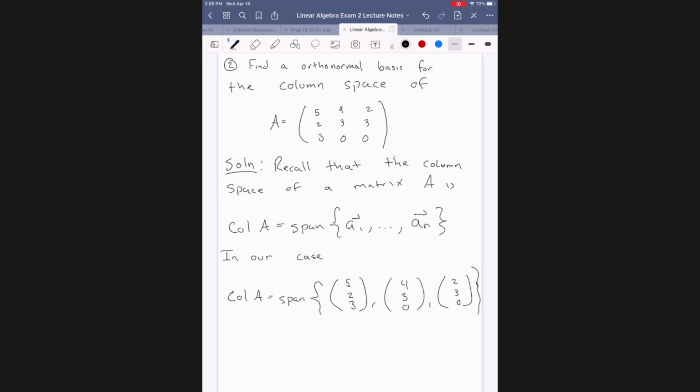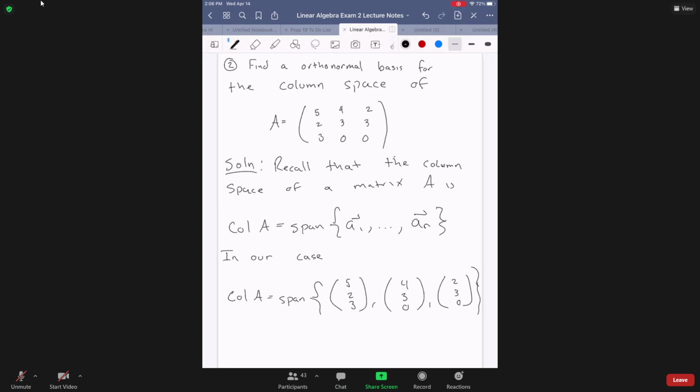You can't have vectors in there that aren't linearly independent, or that won't be a basis anymore. And the second thing is the vectors have to span the space. However, for Rn, as long as it's linearly independent, it will span it. So all you need to do is just check if it's linearly independent.